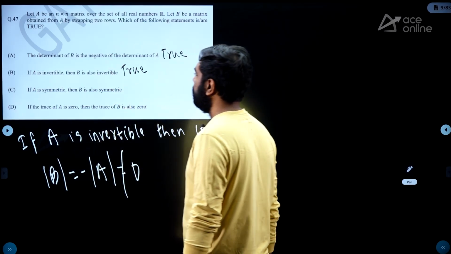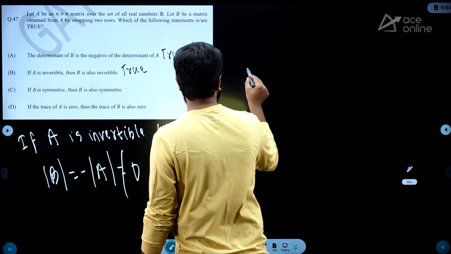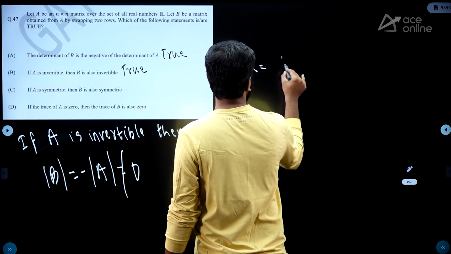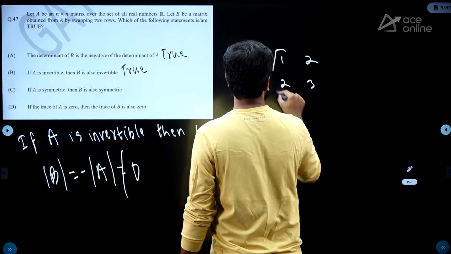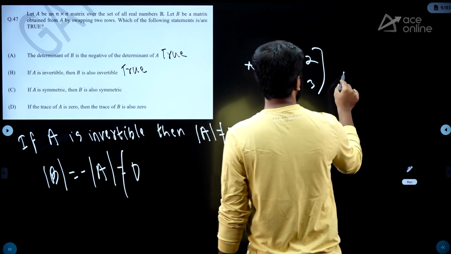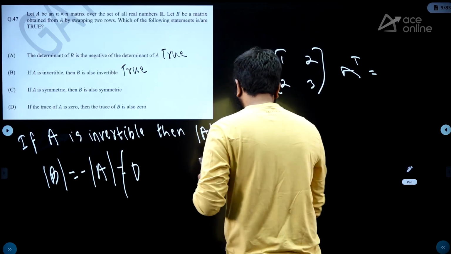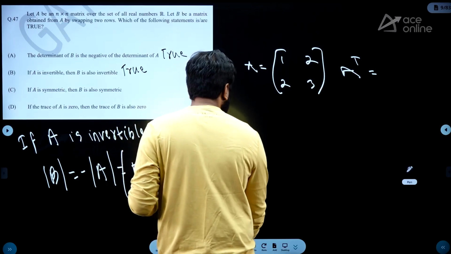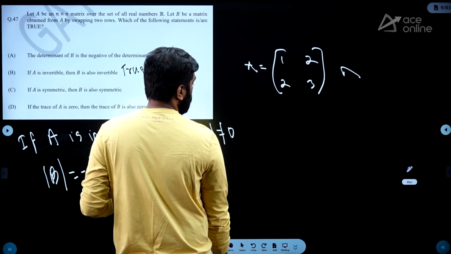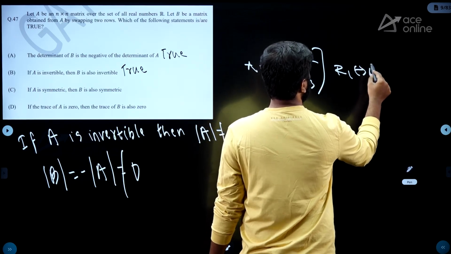If A is symmetric, then B is also symmetric. How can you check that? Maybe create some simple matrix: 1, 2, 2, 3. Is this symmetric? Yes. A transpose equals A, so A is a symmetric matrix. We do not have any doubt. But how is B created? Let's interchange R1 and R2.